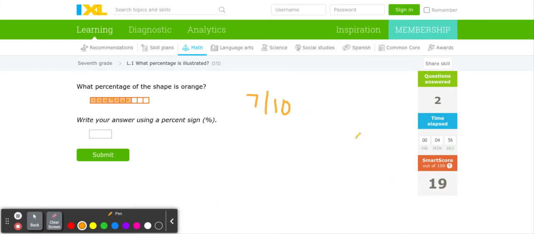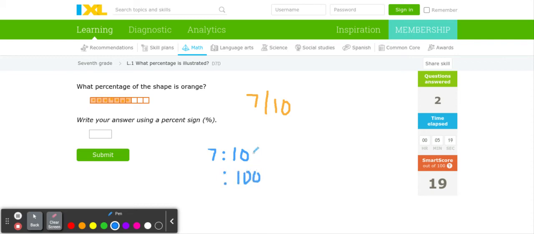Because we can only convert to a percentage when it's out of 100. Now we can write this fraction that we are given as a ratio, meaning we can write it as 7 to 10, and then we can write the bottom one as 100.